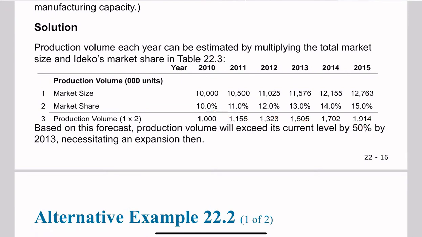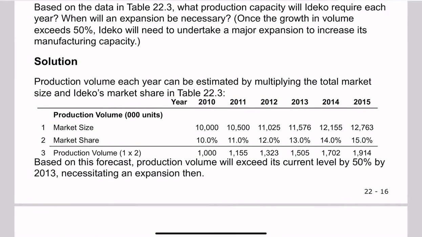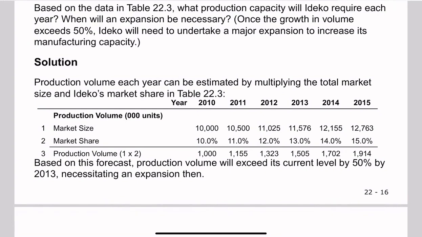And then we know that if the volume exceeds 50%, the firm will need to take an expansion. In this case, you can see that in the beginning, it's 1,000. So this basically means if the volume exceeds 1,500, then the firm will have to take some expansion. You can see that the expansion will start in 2013.